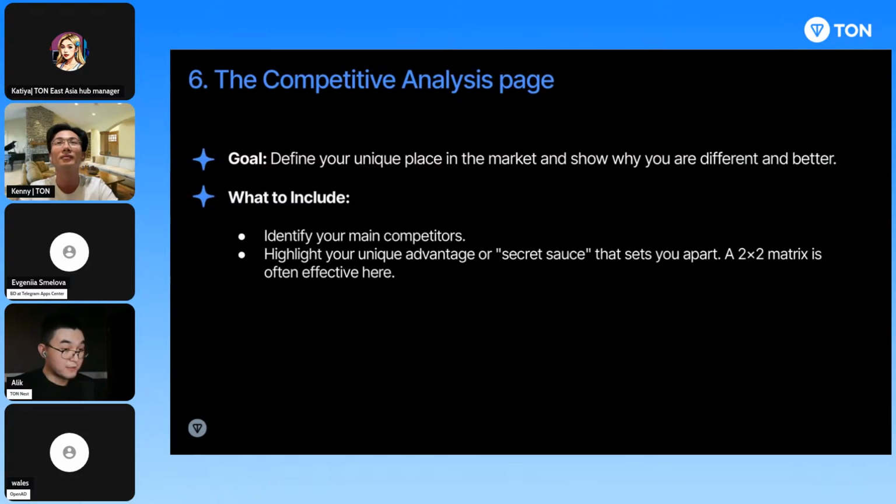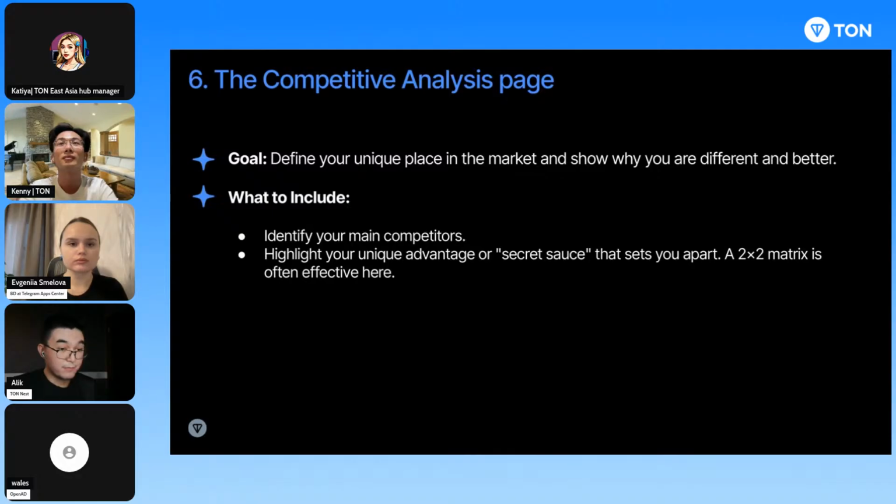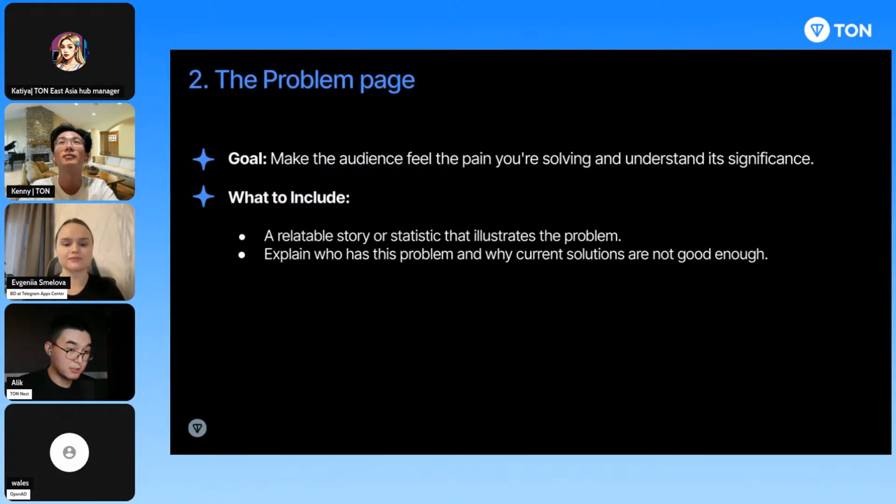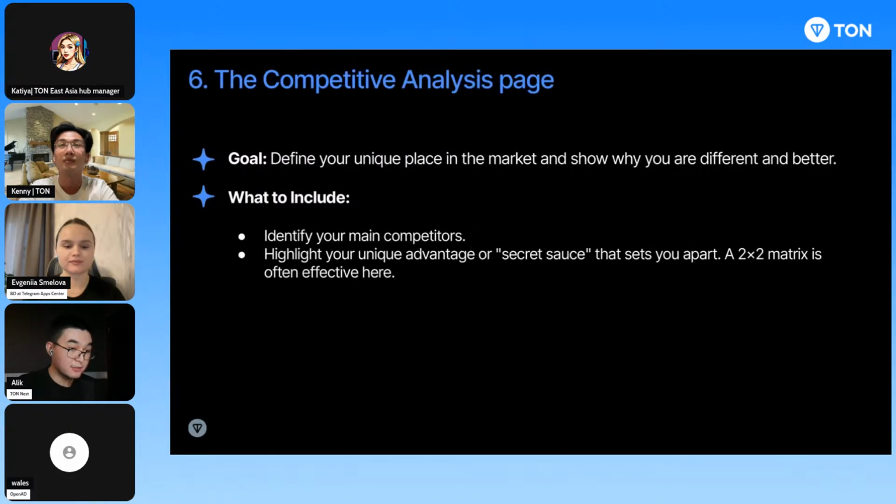And on the sixth slide, it's also useful to explain who are your competitors. So do you remember we had the problem slide in the very beginning, and for sure there is someone else working on the same problem, same as you.